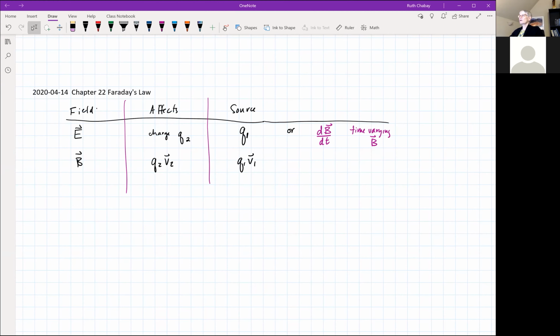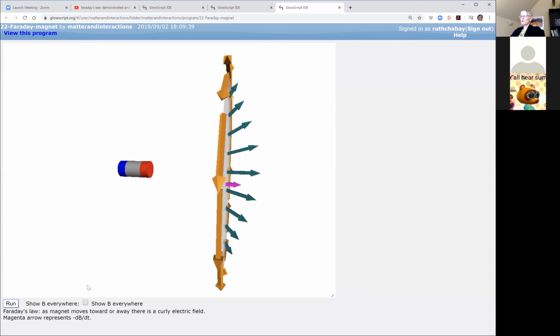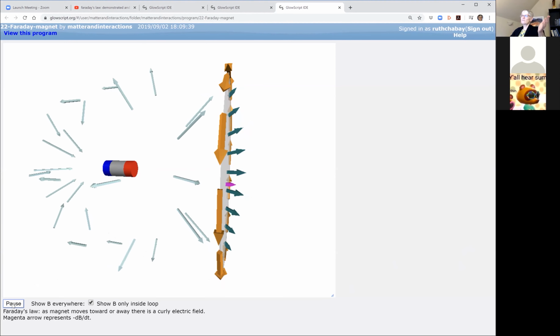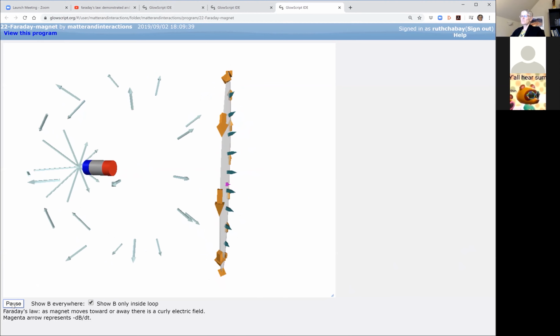So let's look at a VPython program that actually relates to this. Okay, so here we've got a magnet. The red end is the north end. It's going to move and the magnetic field changes everywhere in space.